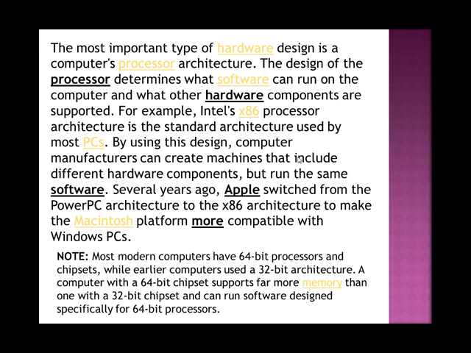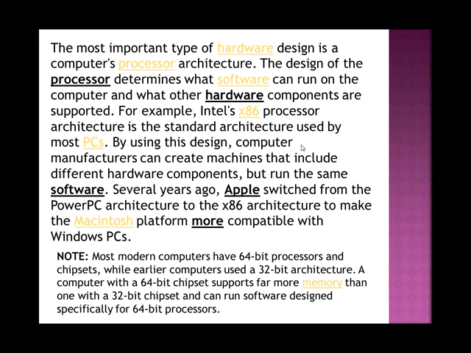Then we also covered what processor architecture is. The most prominent part of hardware design is the processor architecture, which determines what software runs on the computers and what hardware components are supported for the software.